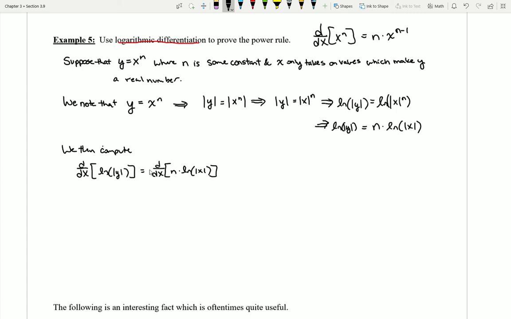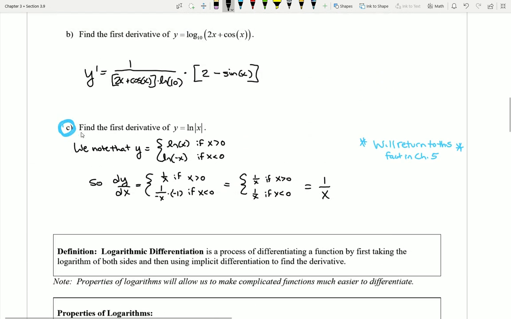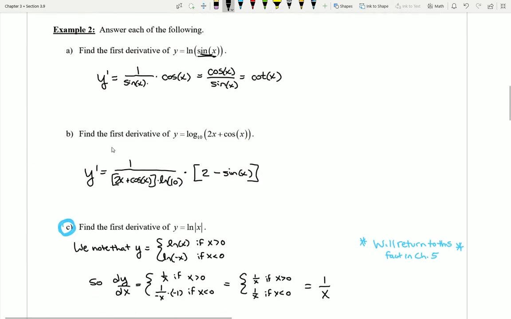Now again, I'm doing this derivative implicitly. So on the other side here, remember that I'm going to get 1 over the value of y. Right? Remember that the derivative of the natural log of the absolute value of y, we said it was actually going to be just 1 over y. Right? And we did that actually back here in our example of part C on example number 2.